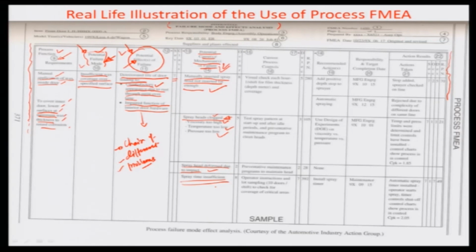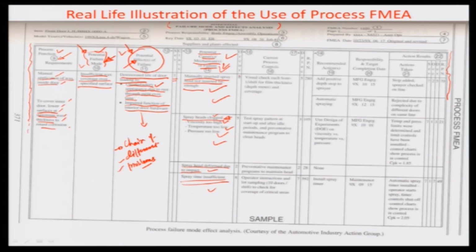So these are some of the potential failure mechanisms which are identified here, and based on that the occurrence of these failure mechanisms contributing to the final failure is being rated here. So the case of manual inserted spray head not inserted far enough so that the whole area can be coated occurs more.